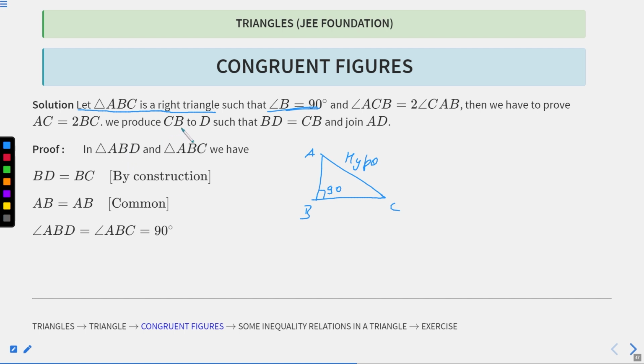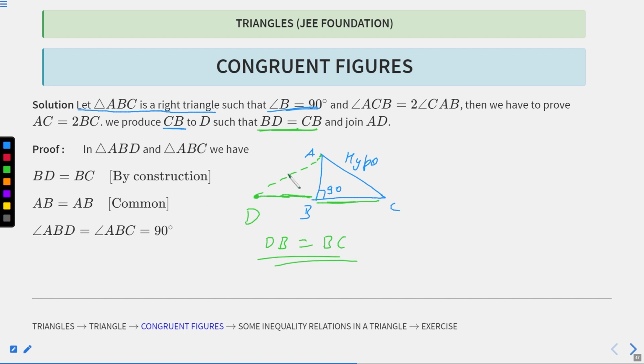Just produce CB to D. So here is my D, and now just join A. The construction is such that BD is equal to BC, so this length must be equal to this length. That means DB is equal to BC.